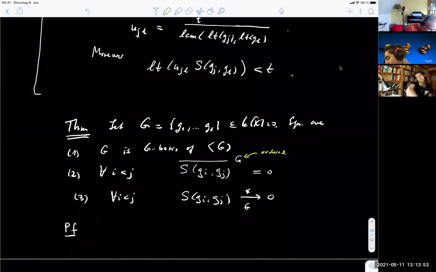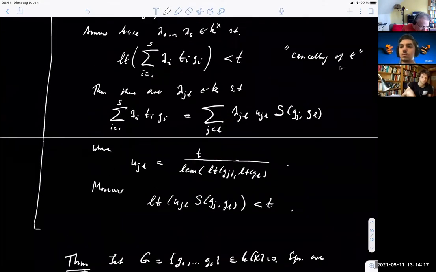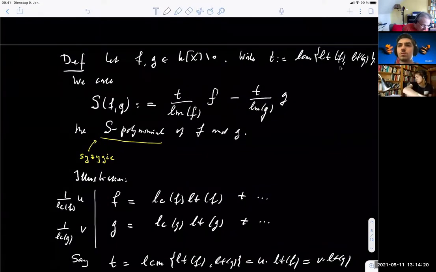For 1 goes to 2, it's sufficient to note, I should have said this before, but I think it's pretty clear, the S polynomial is lying in the ideal generated by G, because the S polynomial is a linear combination of Gi and Gj.